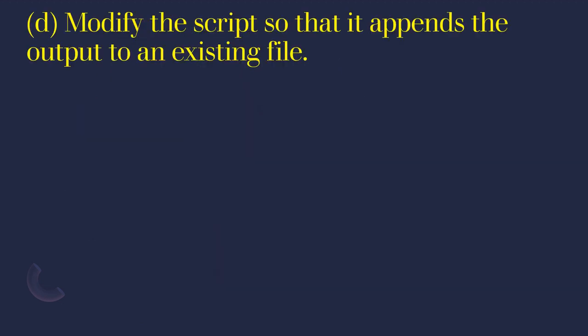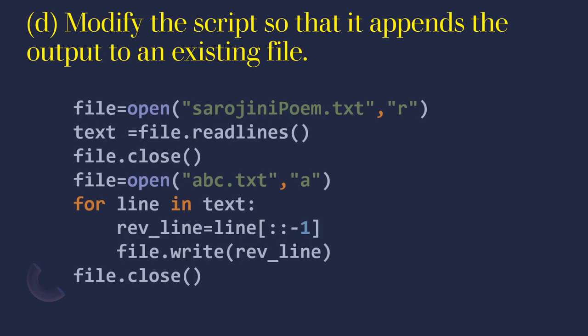Now modify the script so that it appends the output to an existing file. The same thing, but here instead of overwriting, we will append the content to some other existing file. So for that purpose, first of all, we have to open this file sarojinipoem.txt in read mode. Then you have to read the file line by line and store the content in a variable text. Now close this file.